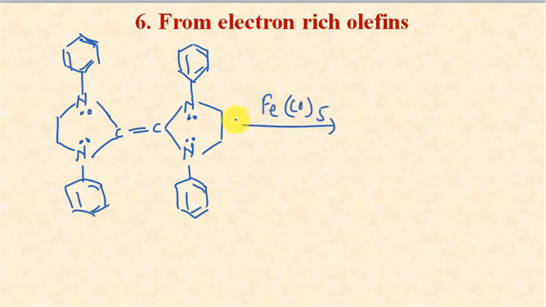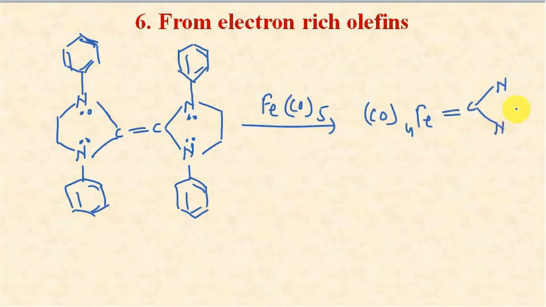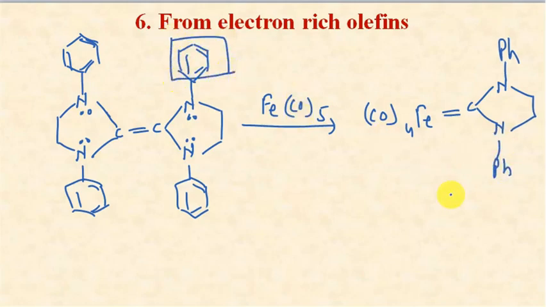We can use this compound to cleave this one to give Fe(CO)4, and this is a double bond to carbon, and this carbon is now attached to nitrogen, nitrogen, and here I am writing just Ph, phenyl, which is representing this one. So this is the Fischer carbene which is formed by the cleavage of this electron rich compound.